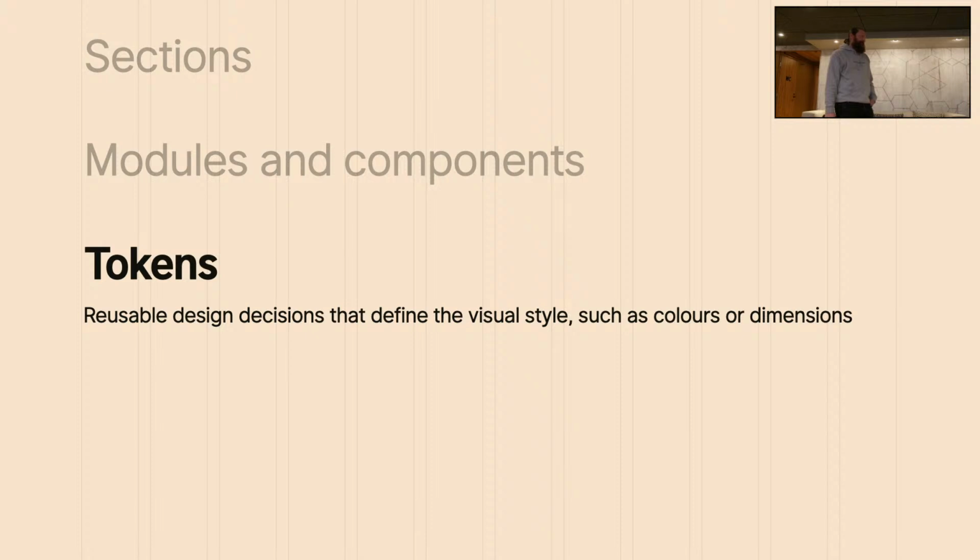Okay, and then moving on to even smaller elements, we have the tokens, or design tokens. Those you can think of as reusable design decisions, and they are like the smallest elements of the design that somehow make it an Aalto design. So for example, colors or typography or dimensions and this kind of stuff.